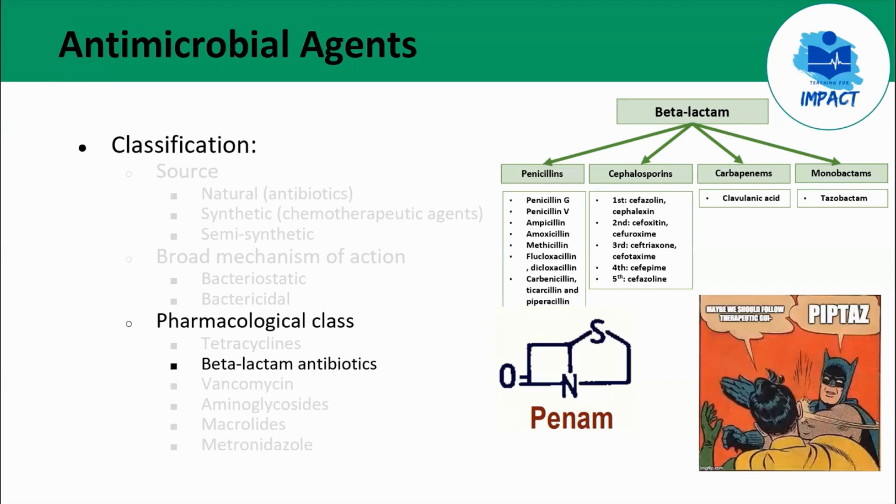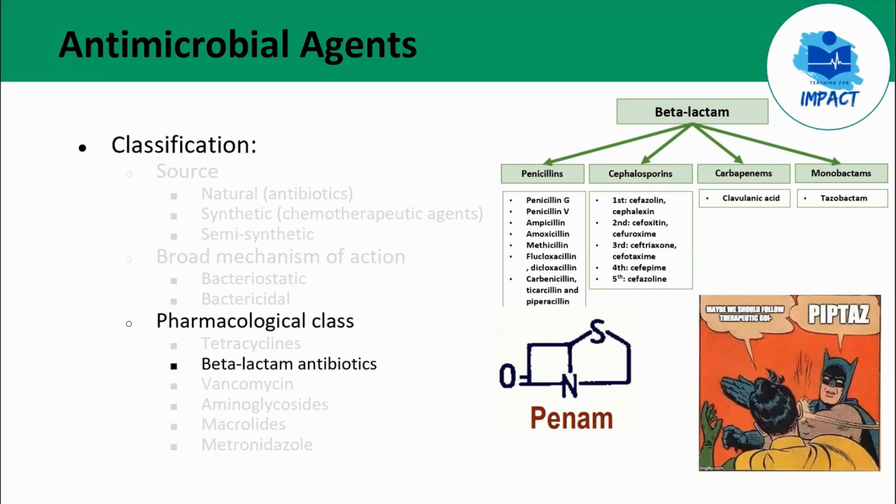It can be given together with penicillins that are susceptible to plasmid-encoded beta-lactamase, such as amoxicillin and ticarcillin. And a famous combination you would have heard of would be clavulanic acid and amoxicillin combined to produce co-amoxiclav or Augmentin.